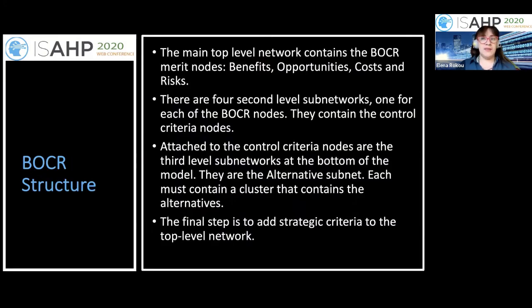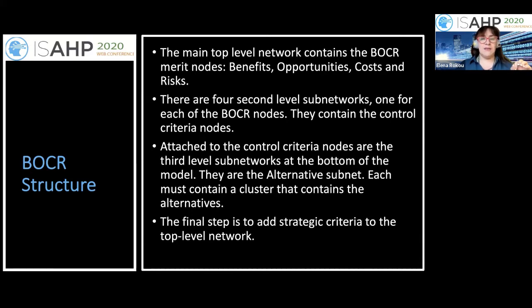The main top-level network contains the BOCR merit nodes, so benefits, opportunities, costs, and risks. There are 4 second-level subnetworks, one for each of the BOCR nodes. They contain the control criteria. And then, attached to the control criteria nodes are the third-level subnetworks at the bottom of the model. They are the alternative subnets. Each must contain a cluster that has the alternatives.